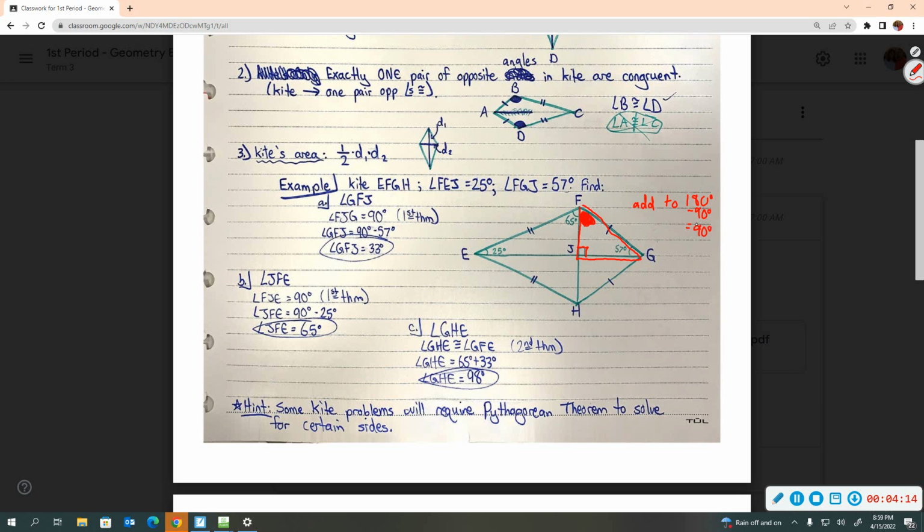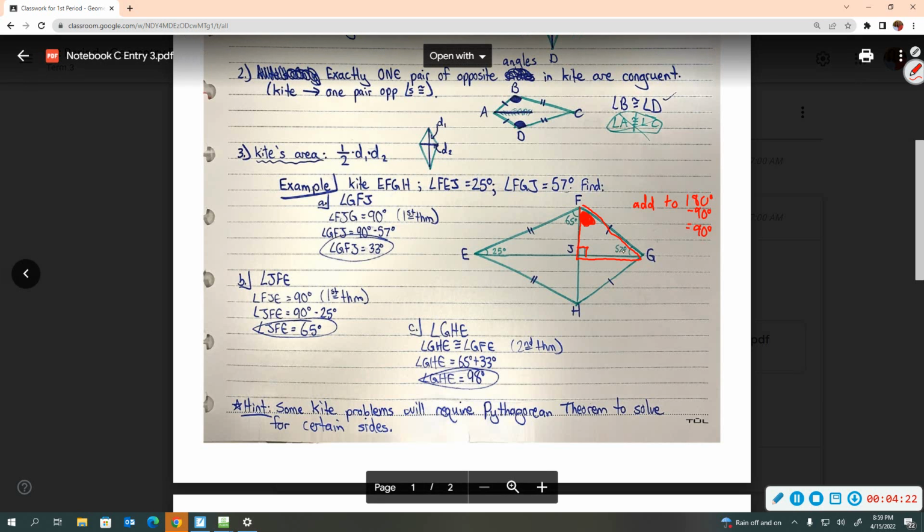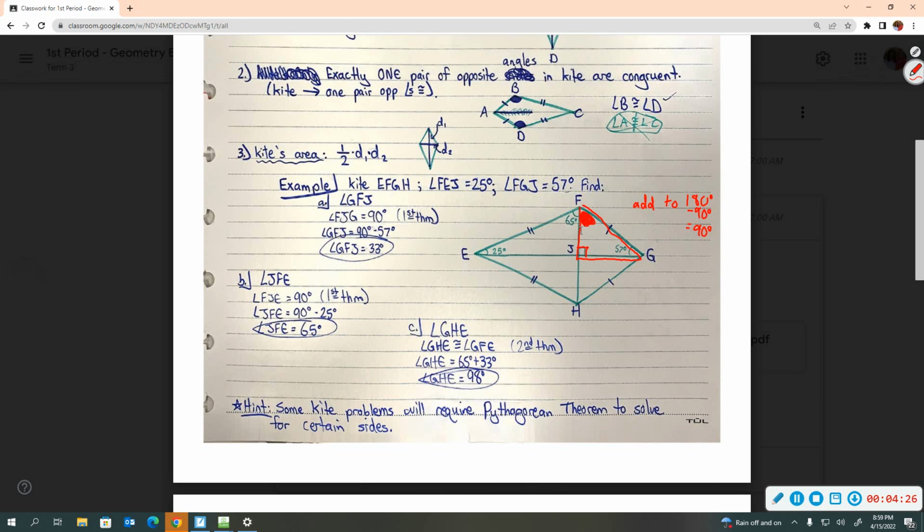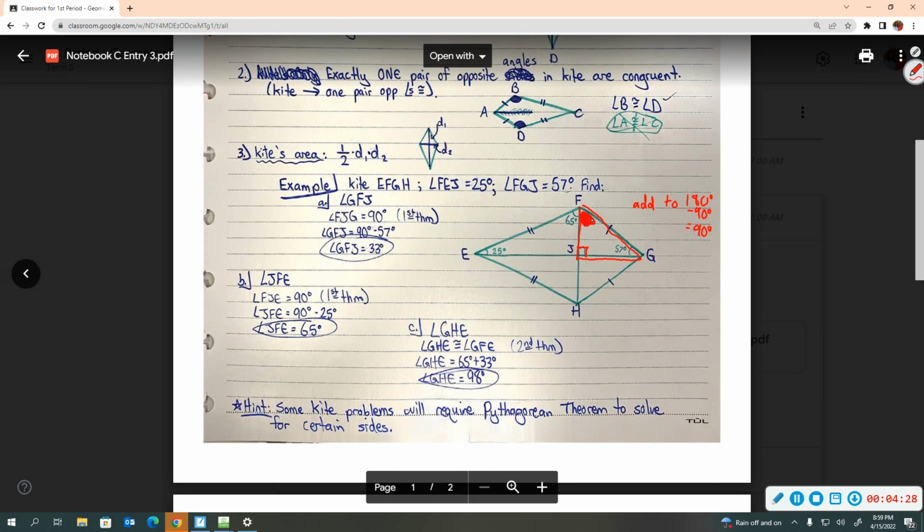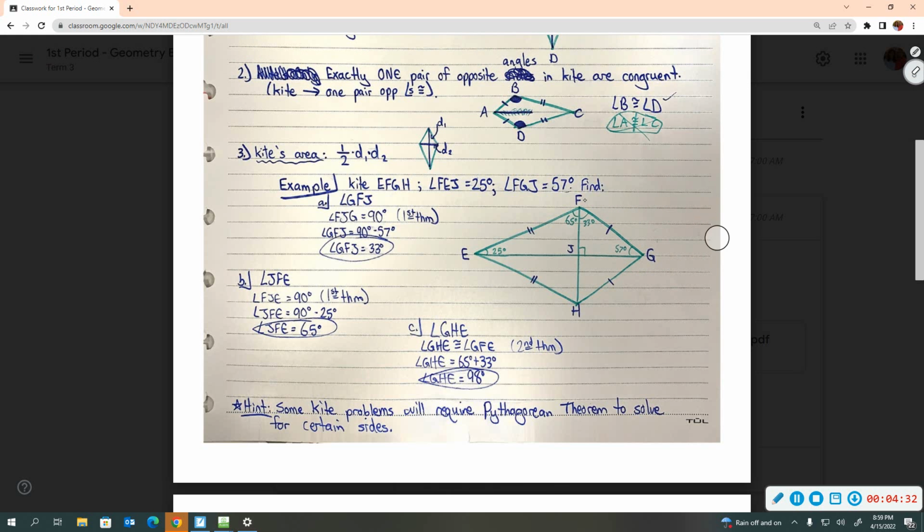That leaves me with 90 left. But I have 57 that I've used. So I had to take 57 out of that. And how much was left for GFJ? Just 33. So that's how I knew that was 33. I treated it like a triangle. 180 minus 90 minus 57 equaled 33.